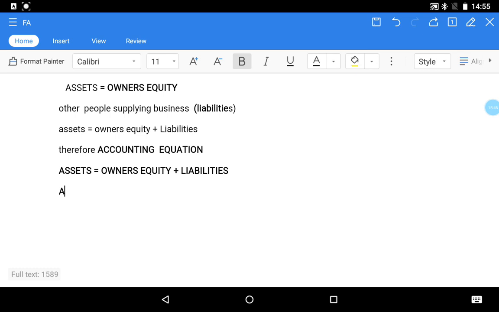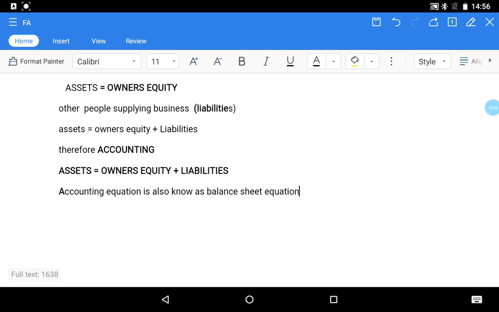And then, when we continue, the accounting equation is also known as the balance sheet equation.